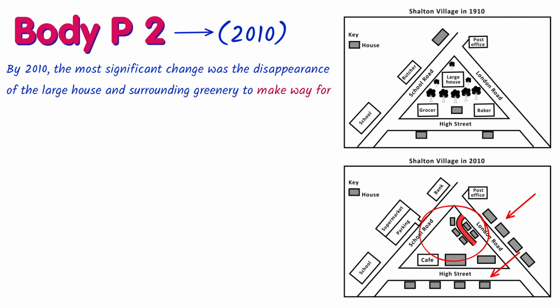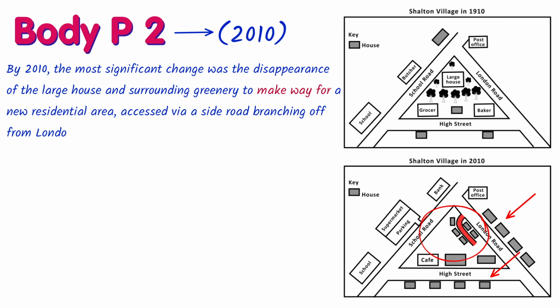It's a very good expression here. To make way for a new residential area. And this residential area is accessed through a road from London Road, all right? Accessed via a side road branching off from London Road.